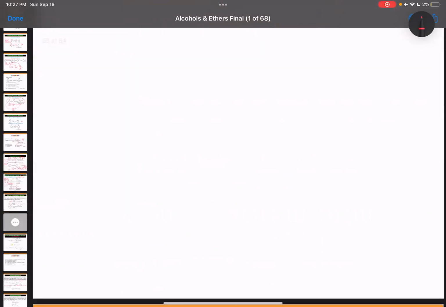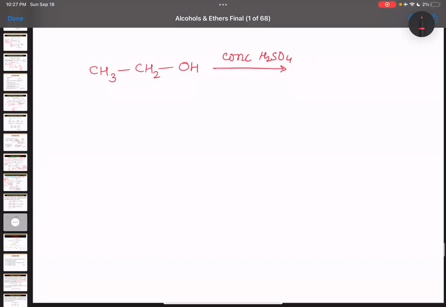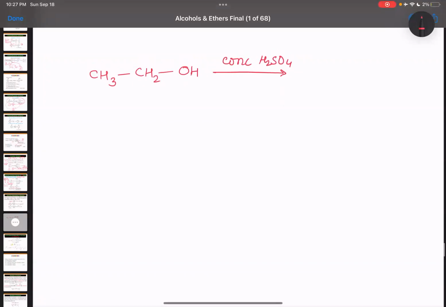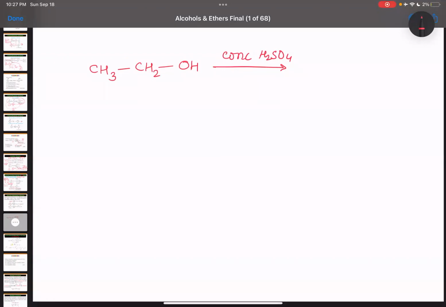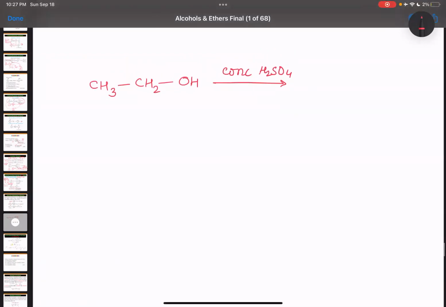So today we can just discuss a little bit about ethanol. In ethanol, what are the temperatures? Can you tell me at which this elimination occurs, in degrees Celsius? So it's 170 degrees.